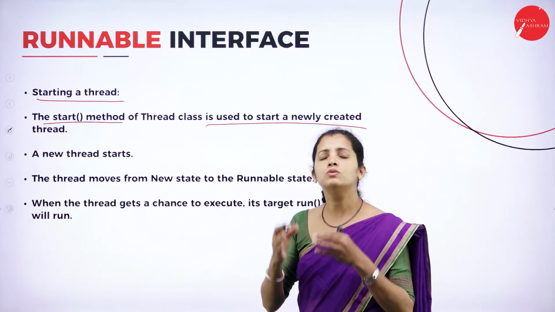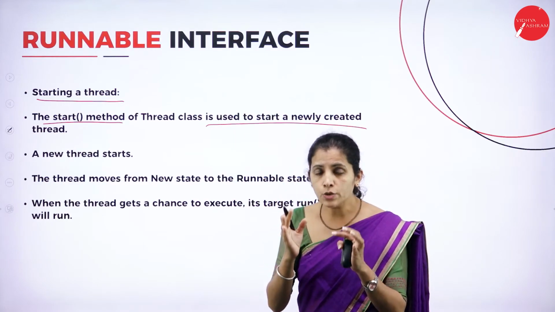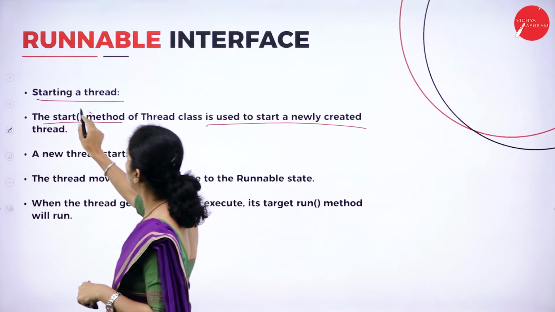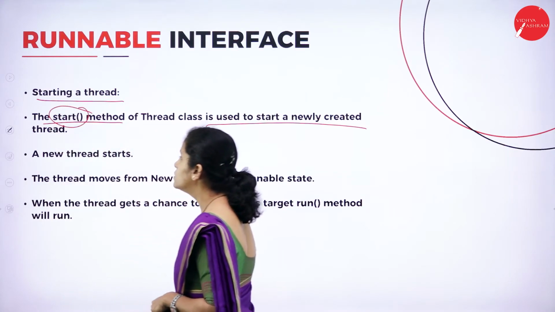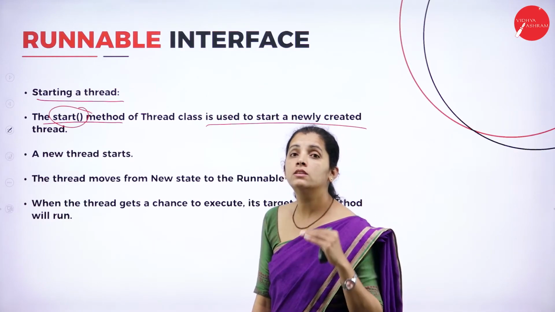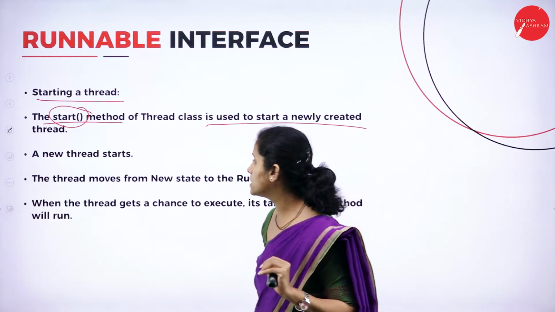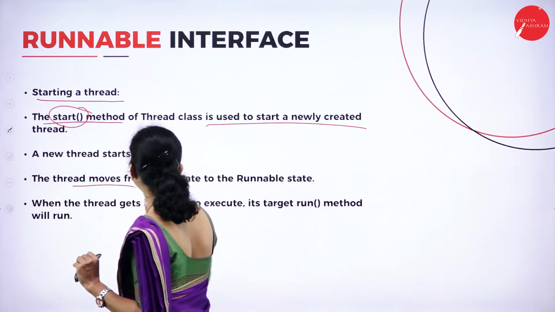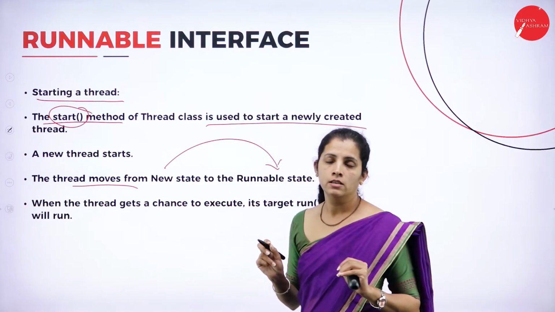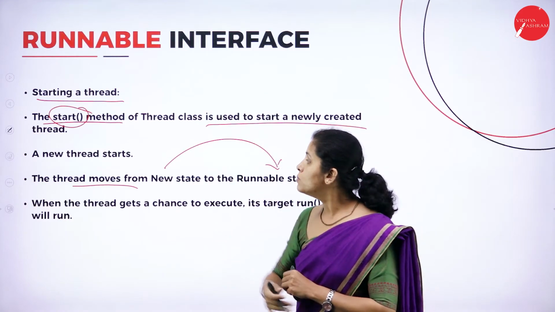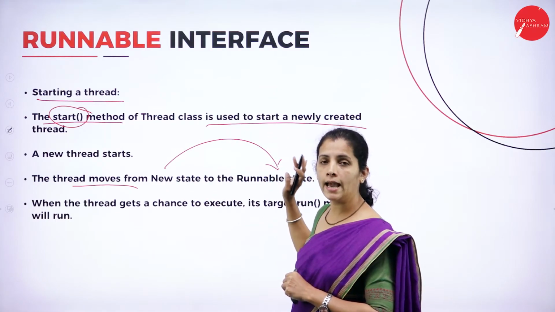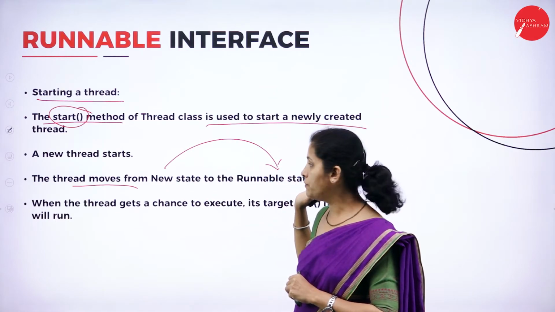That means if I want to start the execution of any thread, in that situation I'm going to call the start method. So a new thread starts. The thread moves from the new state to runnable. Suppose I want to move from the new state to runnable, then that can be done by using the run function.